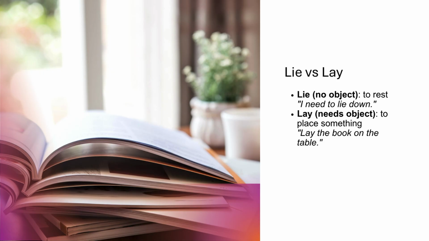For example, lay the book on the table. So, as you can see, in lay there is an object, which is the book. But in lie, there is no object needed in the sentence.